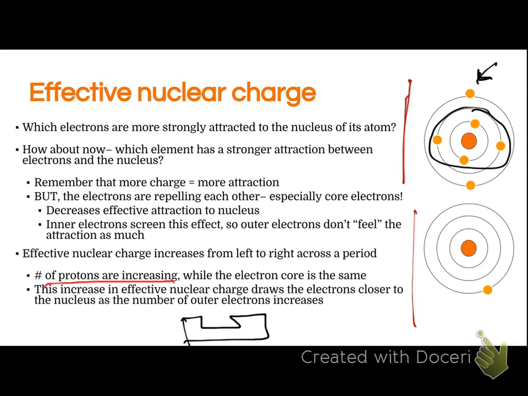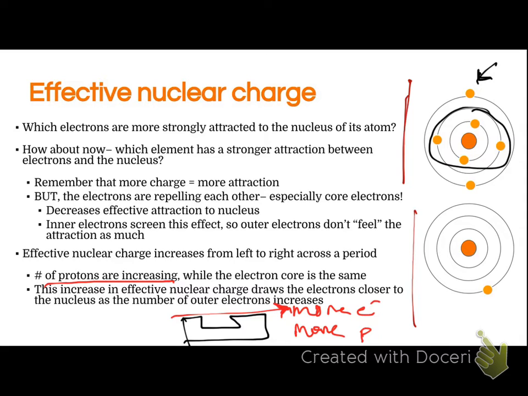As we are adding more electrons from the left to the right, we are also adding more protons from left to right. That means that there is more positive charge on the nucleus, so those core electrons are even more strongly attracted than they would have been if we didn't add any extra protons.